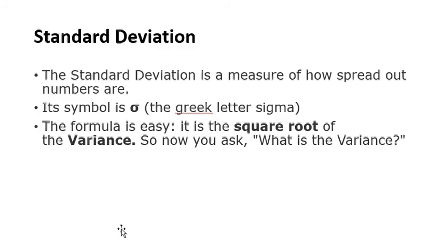So what is standard deviation? Standard deviation is a measure of how spread out numbers are. For example, we want to know how far the distance is from one location or one item to another item, and then the distance from that item to another item or another thing.